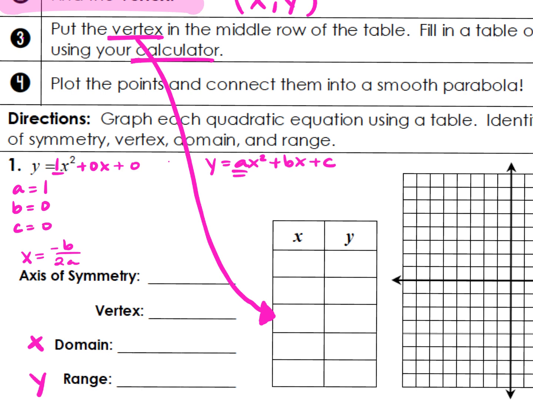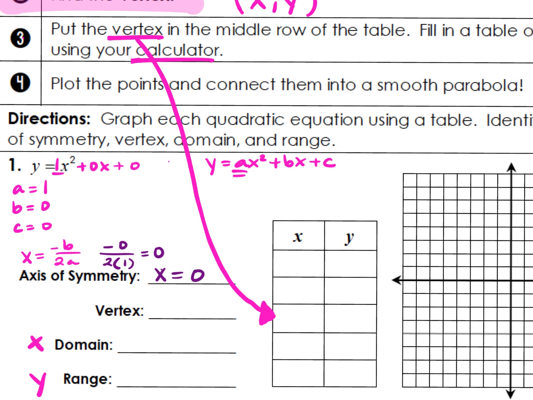Okay. So if this is your setup and we want to know the axis of symmetry, you're going x equals a negative b over 2 times a. Well, a negative 0 is just 0. 0 divided by anything is 0. So my axis of symmetry is x equals 0.